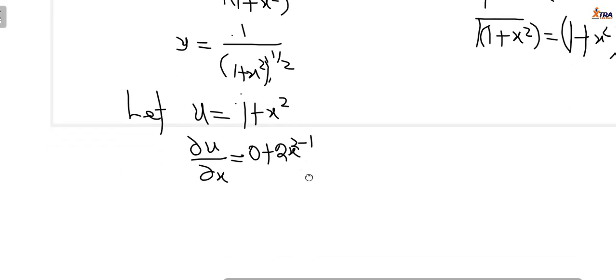So we have du over dx equals 2x, because 2 minus 1 equals 1, and x to the power 1 is just x.